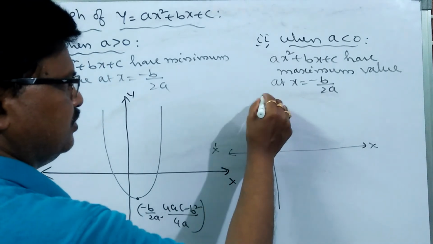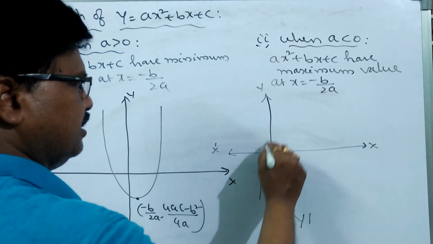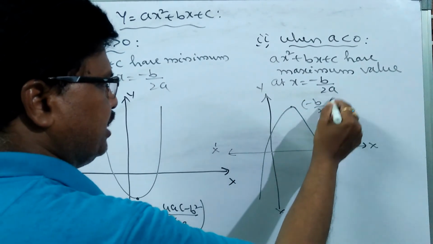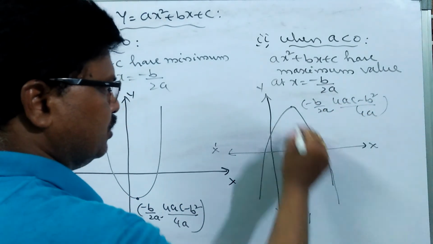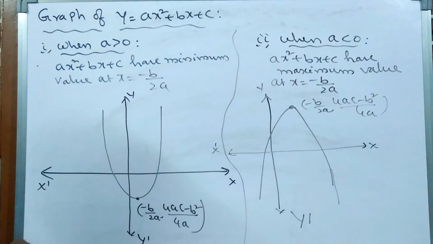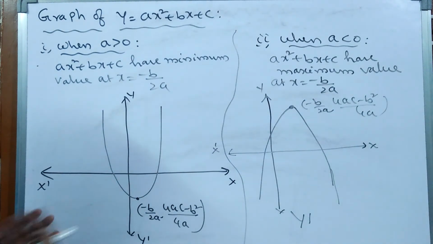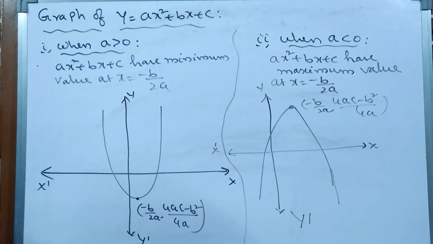The graph will be like this in this case, and this is minus b by 2a, 4ac minus b square by 4a. So here is the vertex in this case. So these are the two graphs. Whenever it is having the minimum value, the graph will come like this, and whenever it is having the maximum value, the graph will come like this.